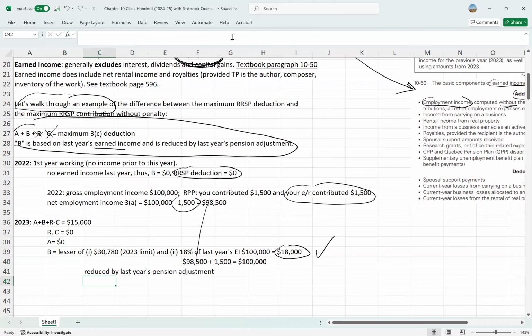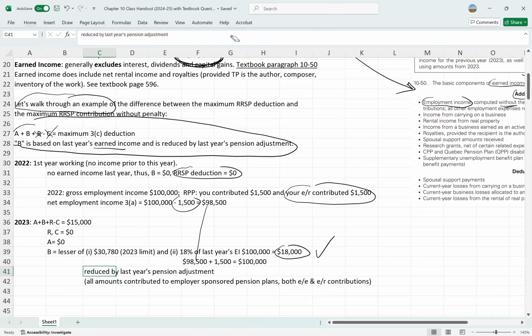And this pension adjustment is basically all amounts contributed to employer-sponsored pension plans, both employee and employer contributions. So then what is last year's pension adjustment?